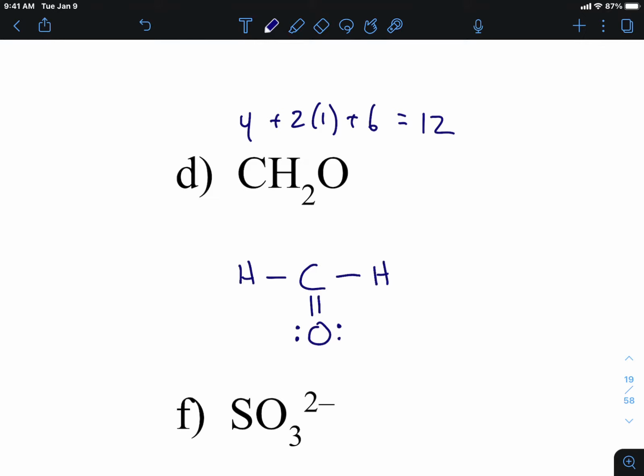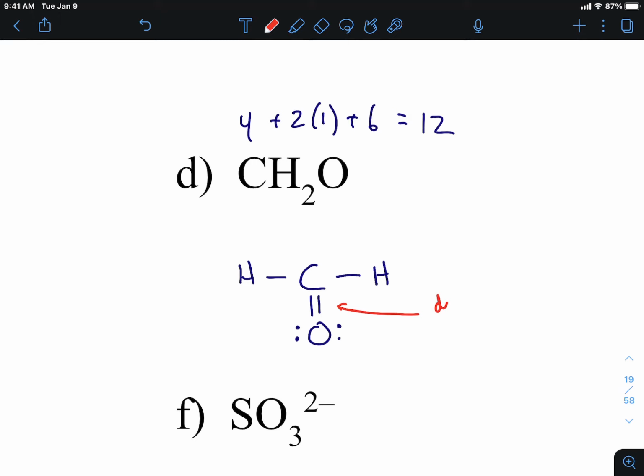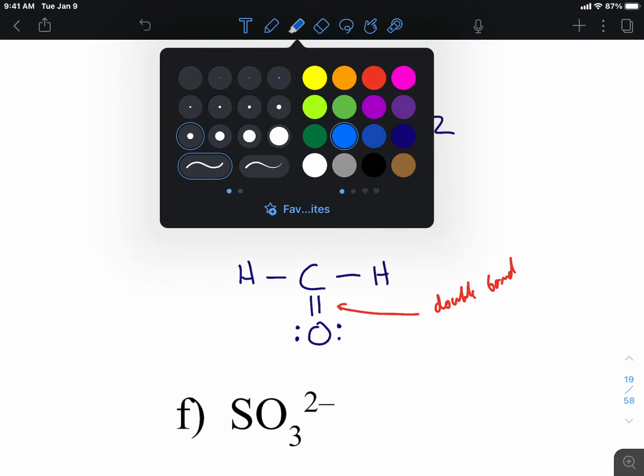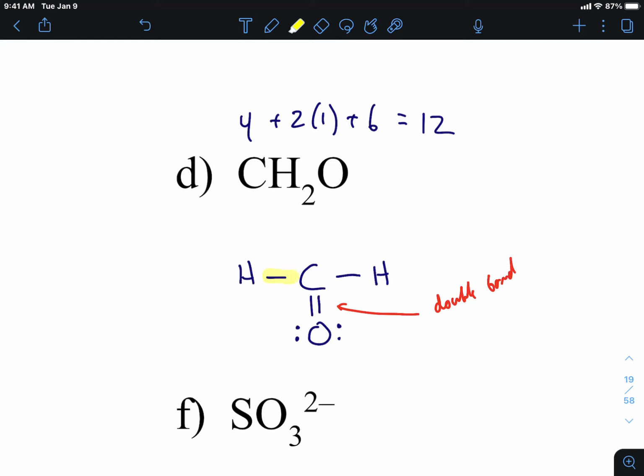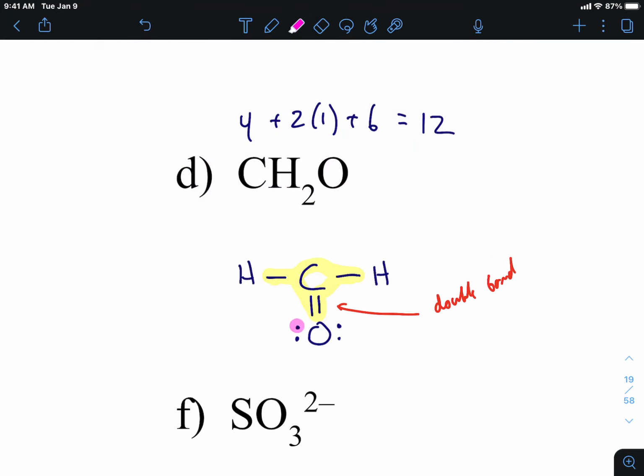And that's what we call a double bond. The reason we're double bonding is because now carbon has an octet, but also oxygen has an octet. By them sharing two pairs instead of one pair, we can make them both have an octet.